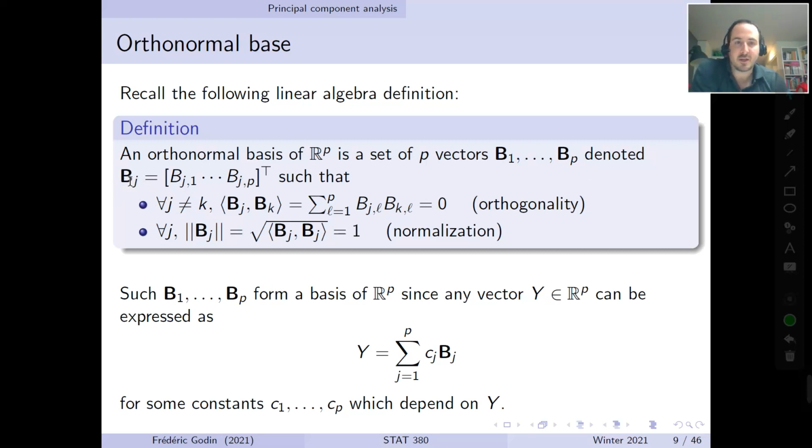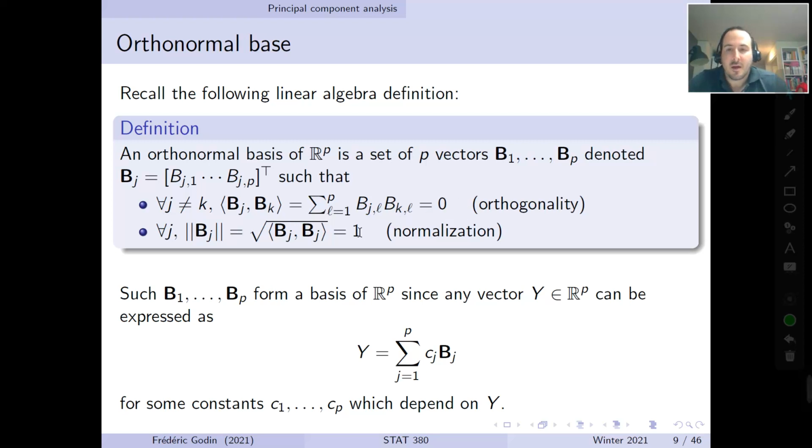So we see that bj is a vector in Rp. And this set of vectors is said to be an orthonormal basis if we have the following. So if whenever j is different than k, the vectors bj and bk are orthogonal. So orthogonal means that their scalar product, defined by this, is equal to 0.